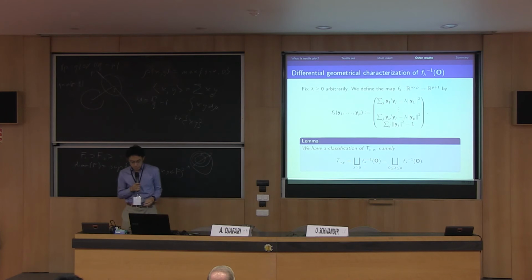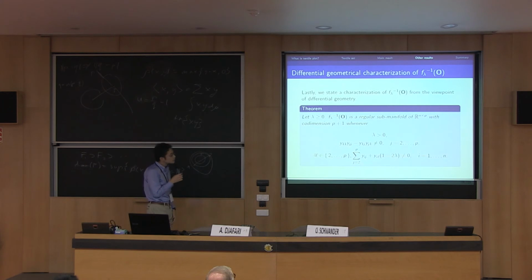And we want to know each set F_lambda inverse of 0. Then we have the following theorem. F_lambda inverse of 0 is a regular submanifold of the whole space with codimension p plus 1 whenever these kinds of conditions hold.